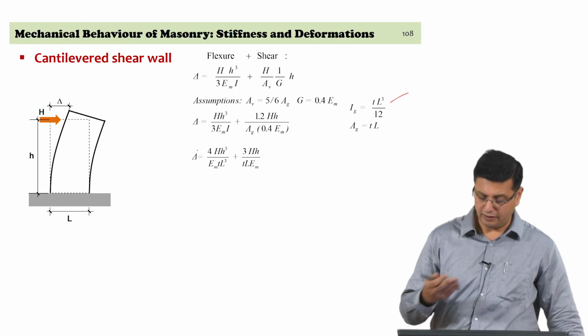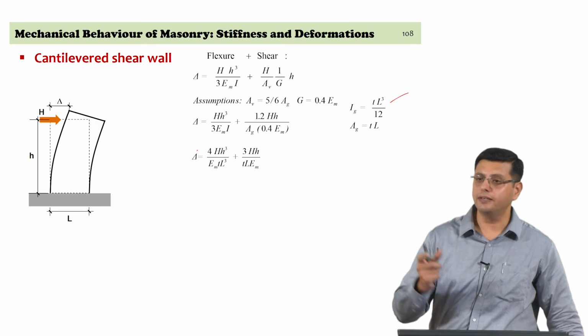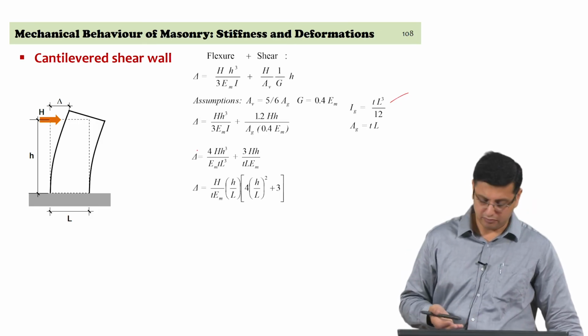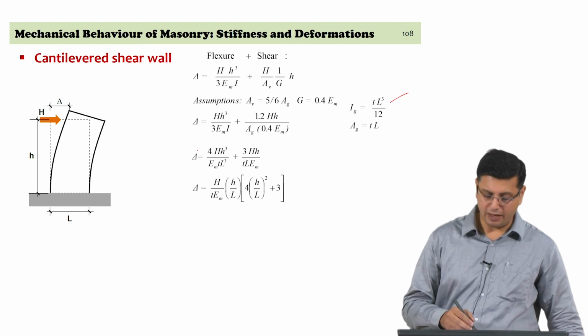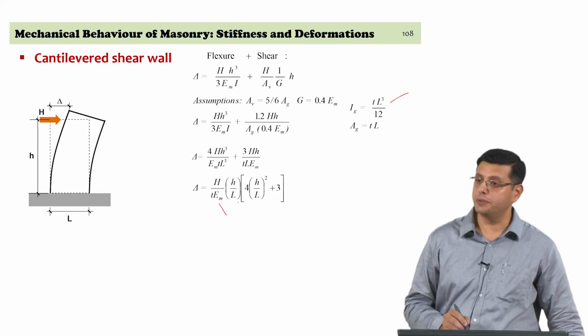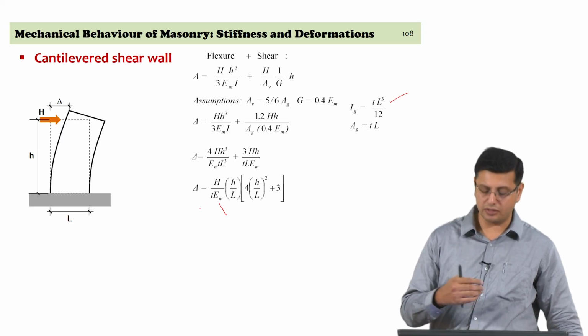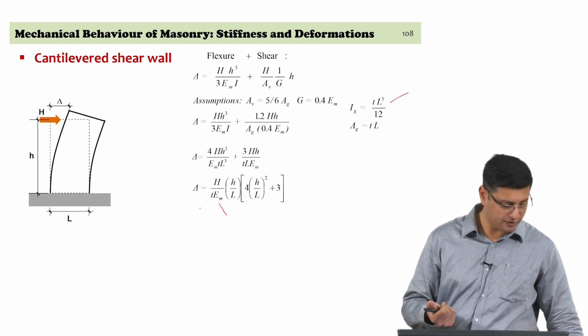such that we are able to write an expression purely in terms of the geometry. Simplifications are done here to be able to express it in terms of the modulus of elasticity of the material, the h/l ratio, which is the aspect ratio, and the thickness of the wall. So, lateral force is the quantity that you need to know.